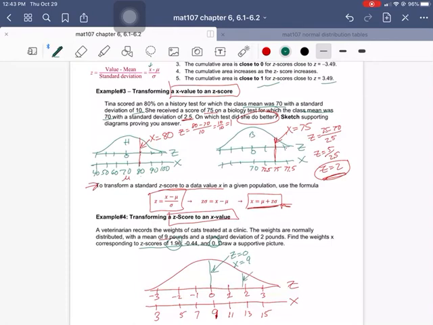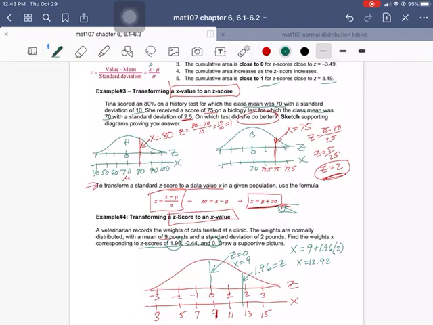That's a heavy cat. What does that translate to right here? It looks like it's going to be close to 13, on the downside of 13, but let's use this formula up here and say x equals mu, which is 9, plus z, which is 1.96, times the standard deviation. That math is going to come out to 12.92, which jives with our picture here.